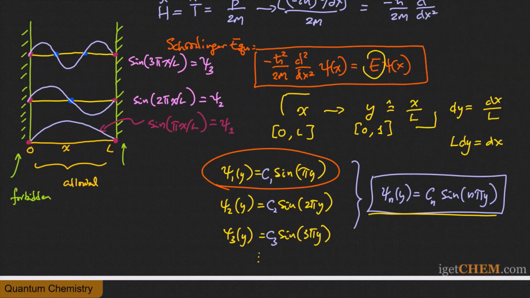This is 1/2, so this is 1/4, and this is 3/4. So the problem is really asking you, what is the probability of finding the particle between those two lines, right?